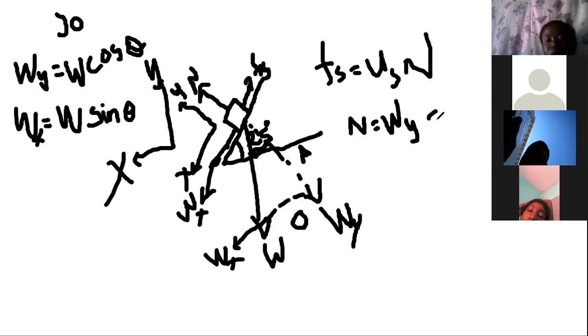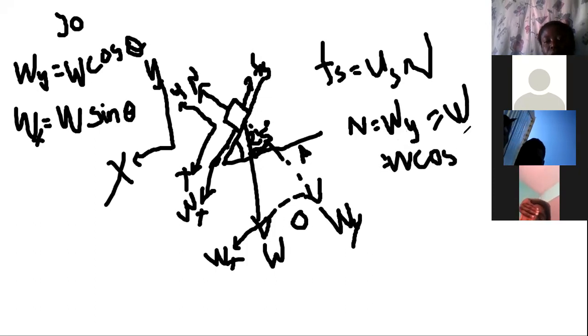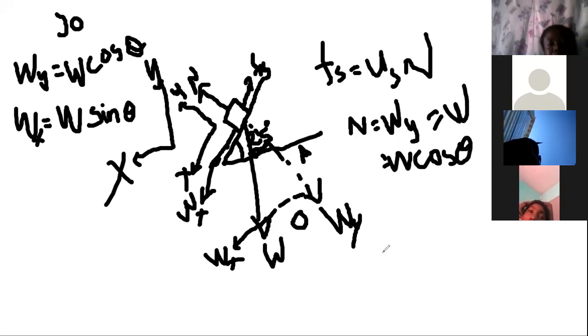Okay, so it means our weight in y is equal to the weight times the cos of an angle. Okay, so it means our normal force is equal to that. So it means our static force is equal to.